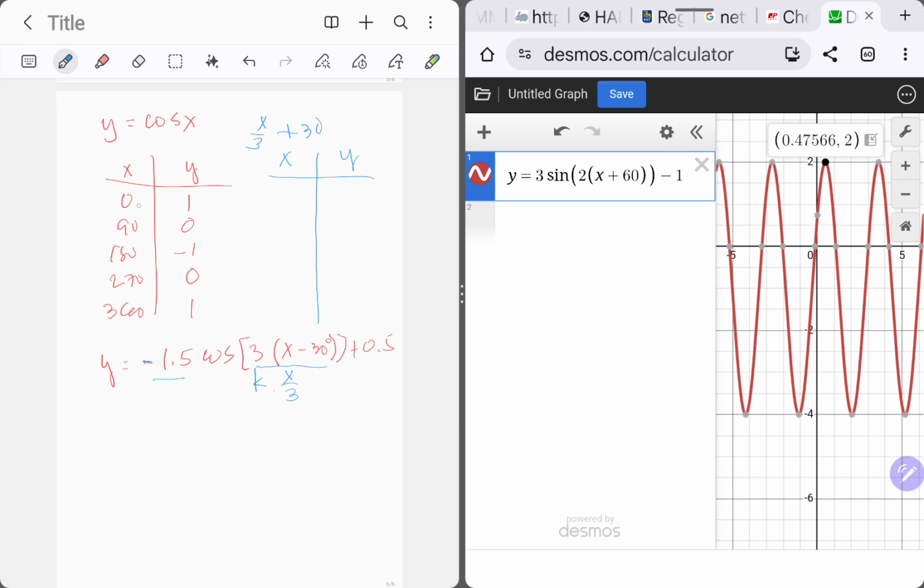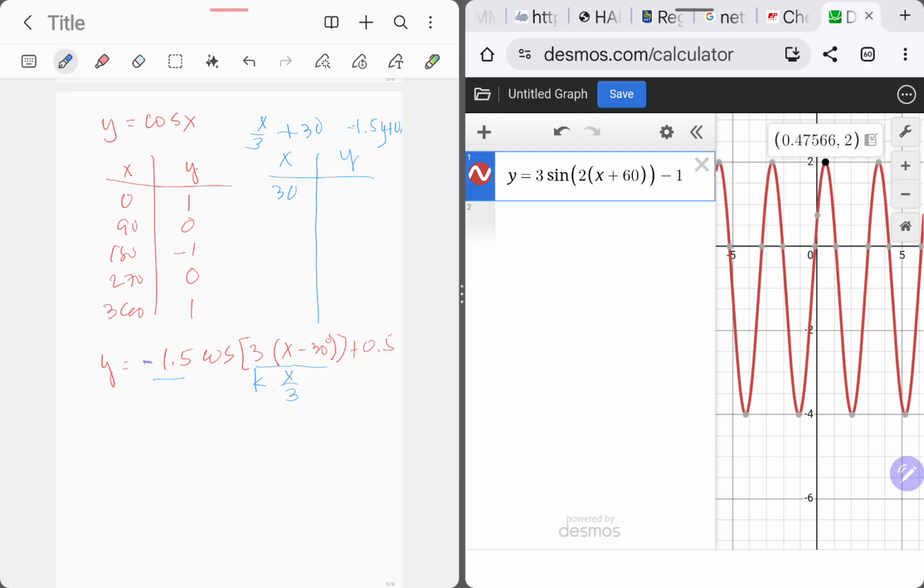So when x is equal to 0, 0 over 3, that's 0 plus 30. So this is 30 here. And then our y, when y is equal to 1, what is the y value? By the way, this is going to be negative 1.5y plus 0.5. So everything that's vertical, 0.5 here.